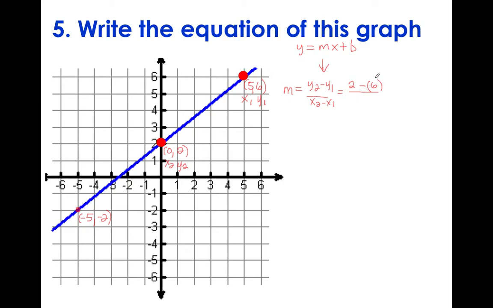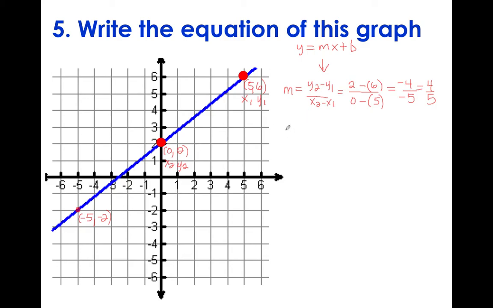So put that second one in parentheses. And then we do 0 minus 5. Well, that gives me a -4 over a -5, and we know that a negative divided by a negative gives me a positive.